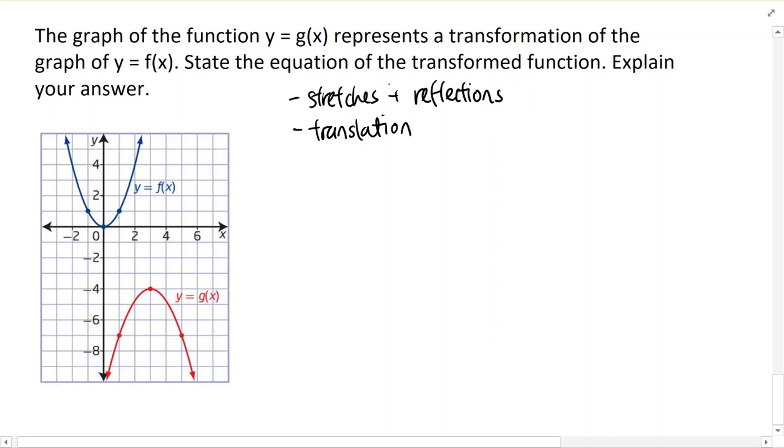So we can take that as a reference point. And then from there, we know there are these two other key points, (1, 1) and (negative 1, 1), that we can compare with the graph in red. One transformation that's already really obvious is that it flipped upside down. So we know there is a vertical reflection. That means there's going to be a negative sign.